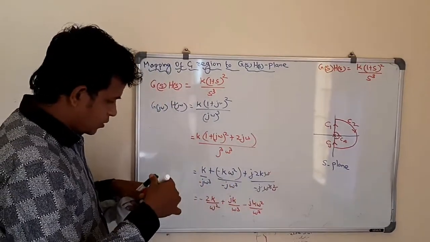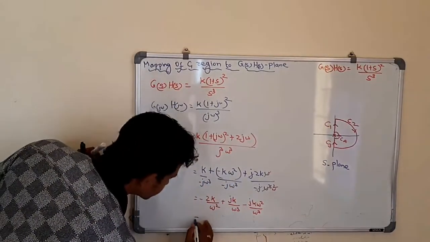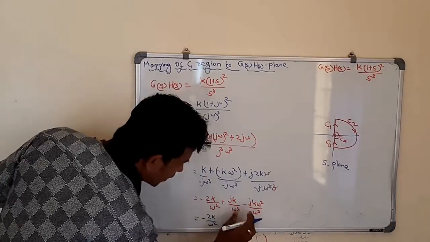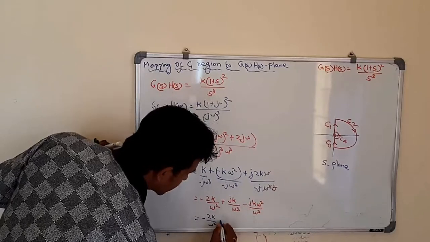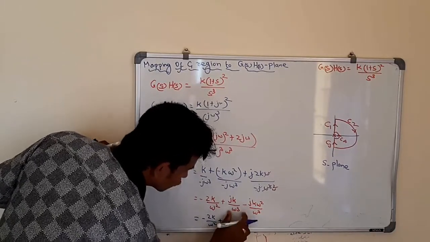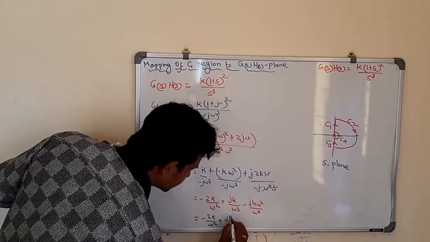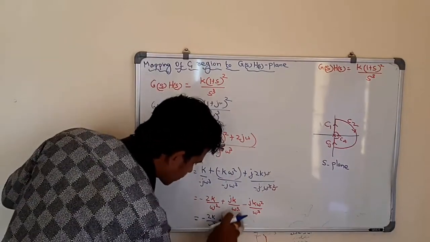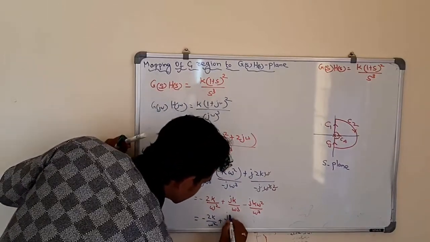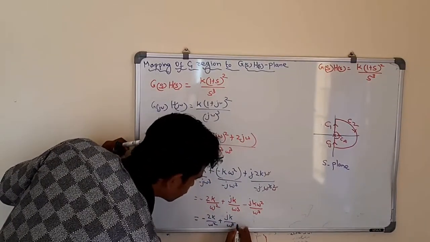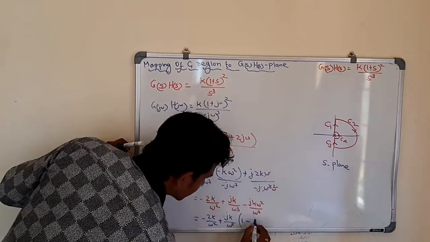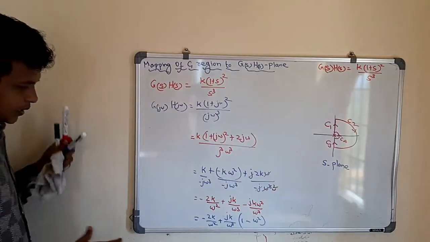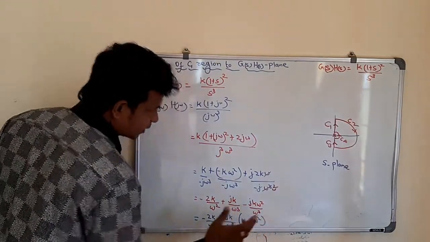And this is equal to minus 2k divided by omega square, and I am taking jk divided by omega cube outside, since it is common in both the terms, so plus jk divided by omega cube, it is not omega square, it is omega cube, jk divided by omega cube, and open bracket 1 minus omega square. Okay, so this is what I have got, and this is the real term, this is the imaginary term.